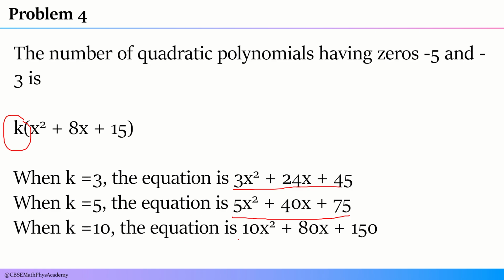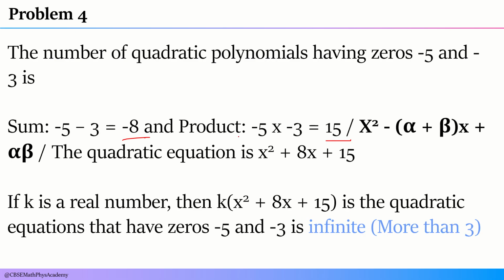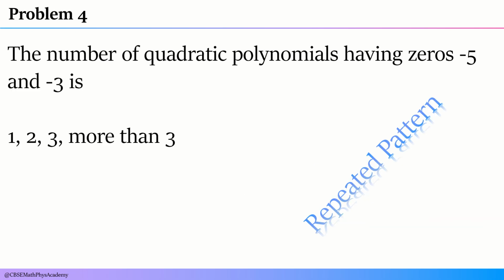You can repeat the same validation for the other equation also. So what you understand is, you can have n number of polynomial equations which have the same sum and product, that is -8 and 15, which indirectly means having the same zeros, -5 and -3. So you have n number, which is infinite. To be precise to the options you have, it is more than 3.